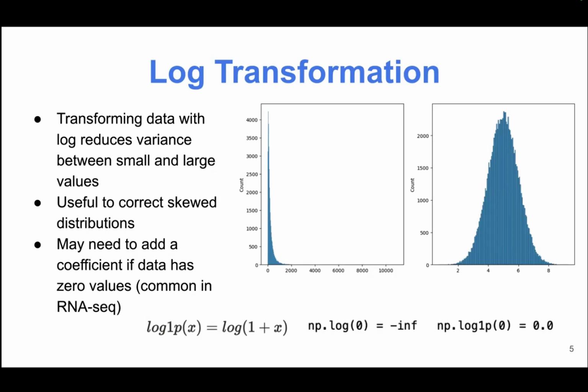This does have a larger effect on small values than large values. Taking the log of 1 versus the log of 2 will be a larger change than log of 5,000 versus log of 5,001. So we just need to make sure that we're taking that into account later in the process.